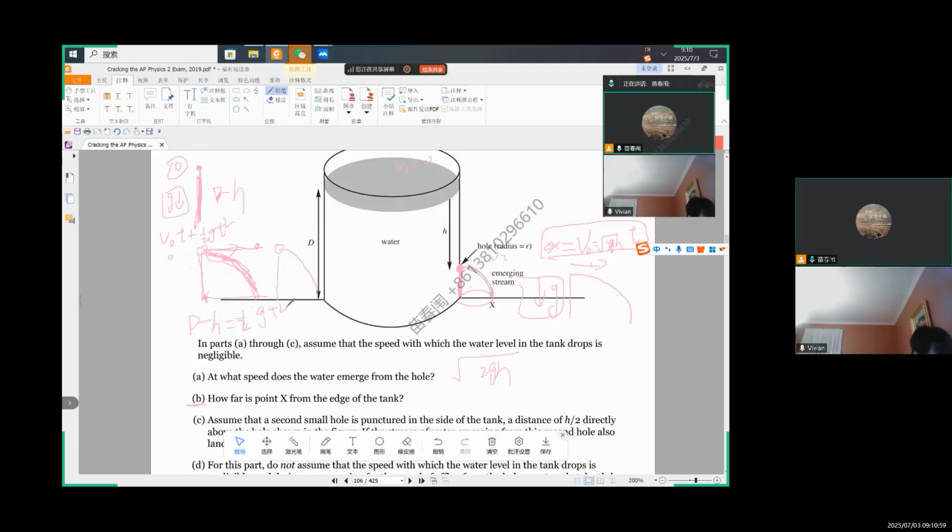Does that make sense? So I can find t, which is the square root of 2 times d minus h over g.